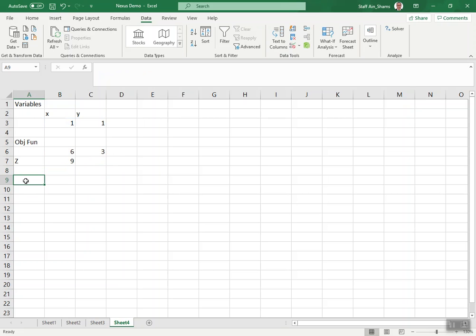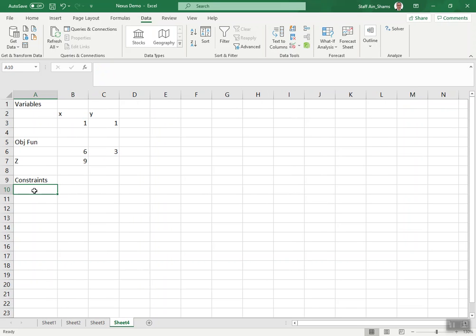The next section will be constraints. The constraints have 3 constraints of the type greater than or equal or less than or equal. We will put the calcium here, we put the iron here, and we put the cholesterol here.